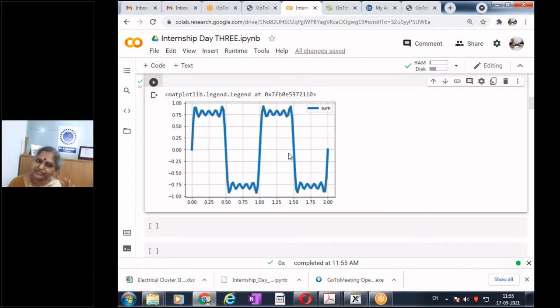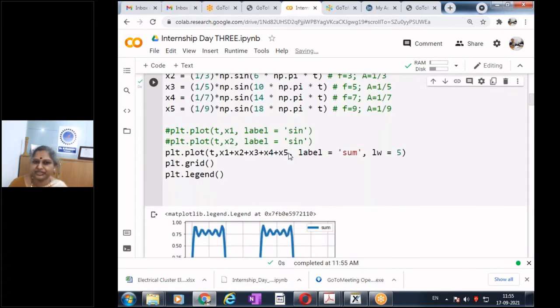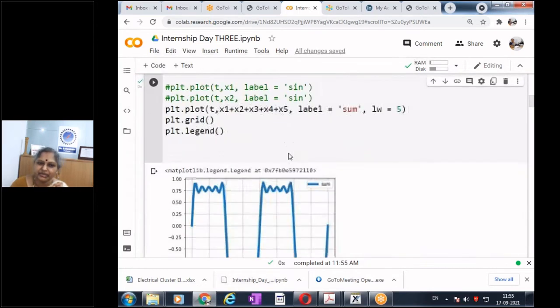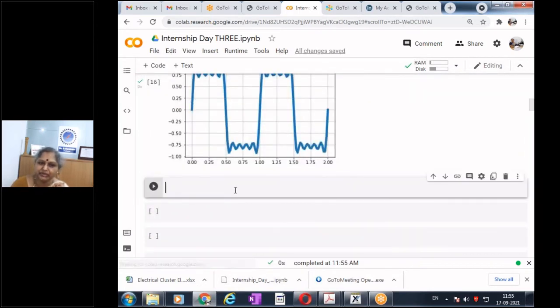It is just a specific example I have taken, but the theory and the mathematics behind this we will see later. Okay, now let's take up one more example. I want you to plot an exponentially decaying sinusoid.